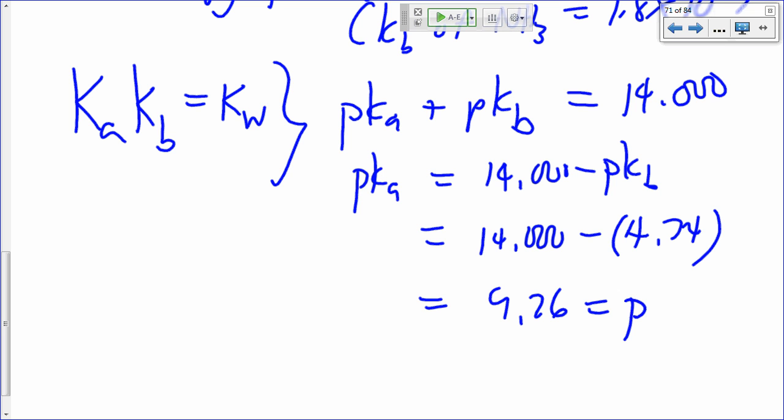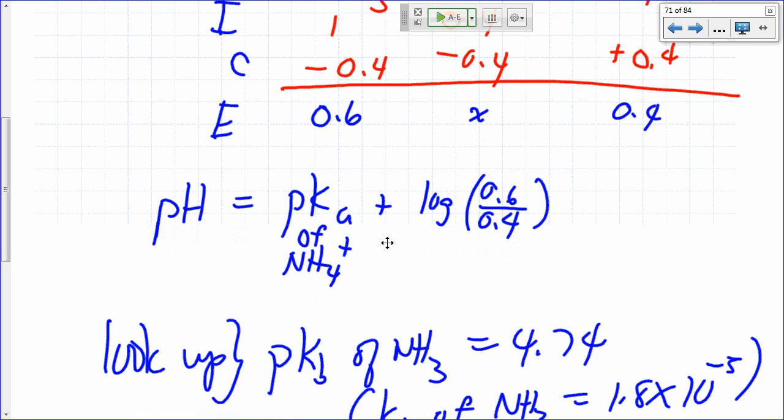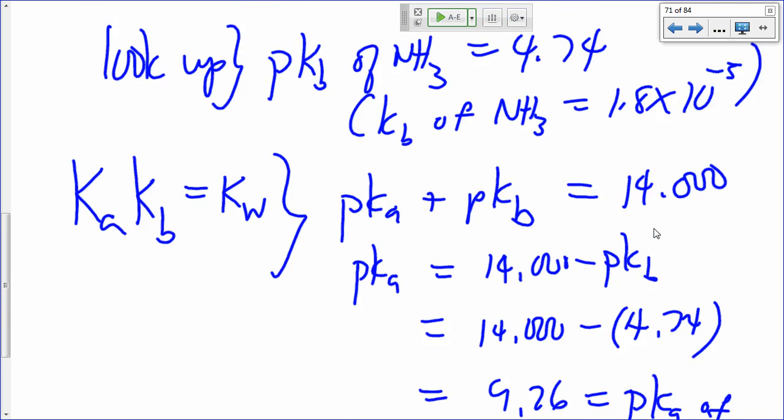So this is the pKa of ammonium ion. Right? So that's what I plug in here. So this is 9.26.